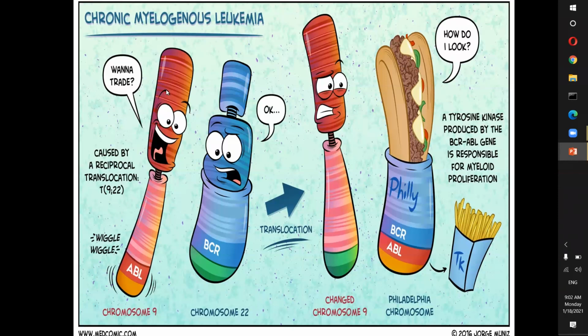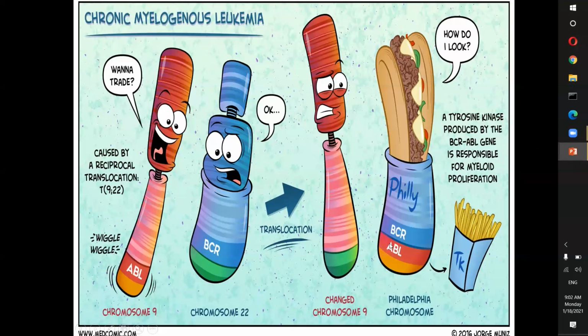So CML has the Philadelphia chromosome, a translocation 9;22. The diagnosis is by PCR, resulting in BCR-ABL.